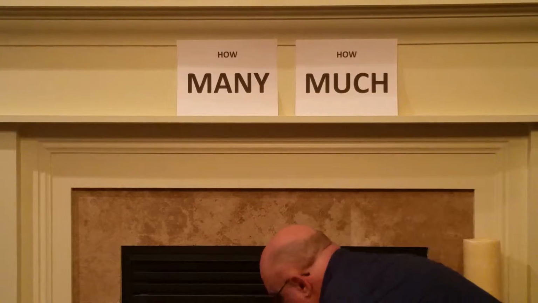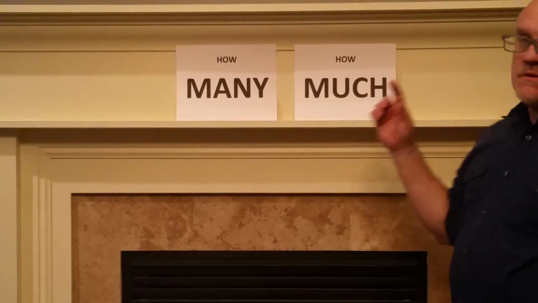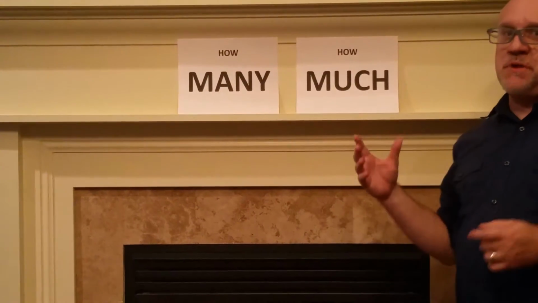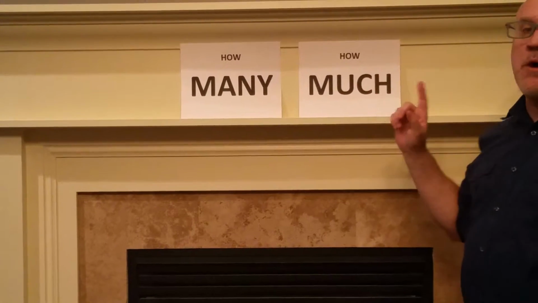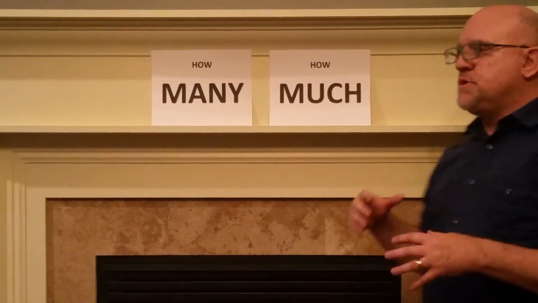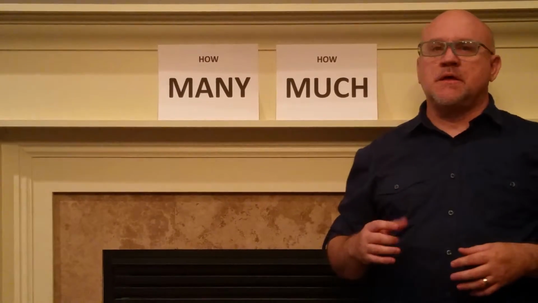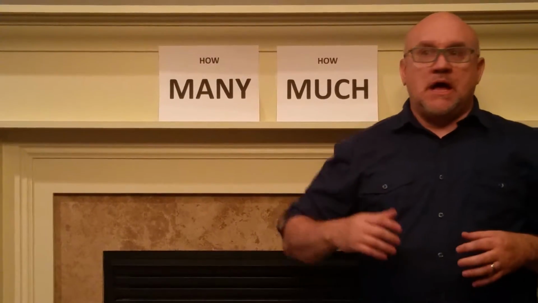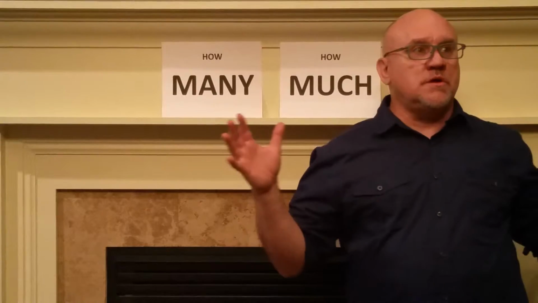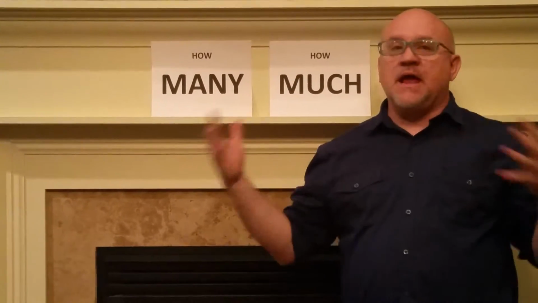Now, the more difficult to use, perhaps, or to remember how to use correctly, is the word how much. Much is when you are talking about the amount of something, but that amount cannot be counted. Around me in this room, there is air.